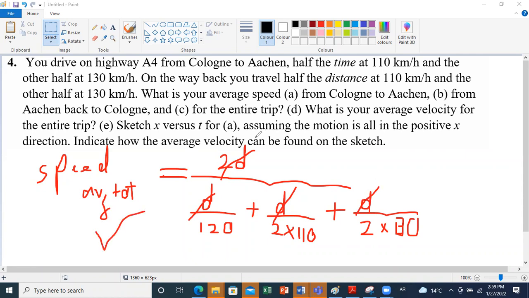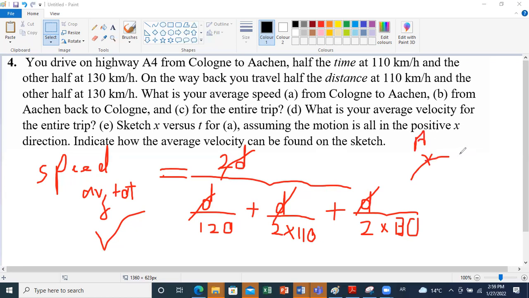Okay, now who can tell me what is the average velocity for the entire trip? This is the easiest question. Average velocity, not speed, for the entire trip.